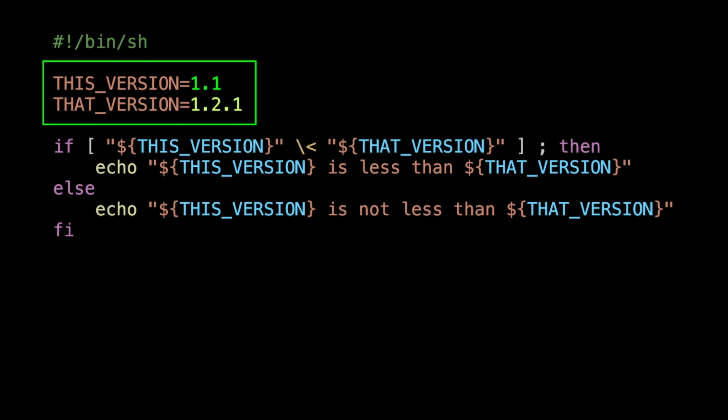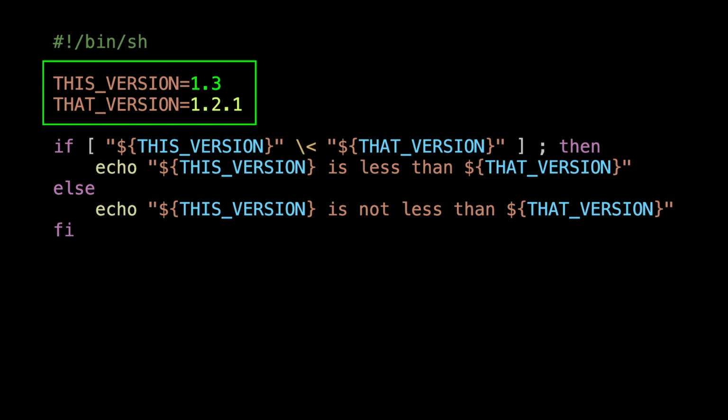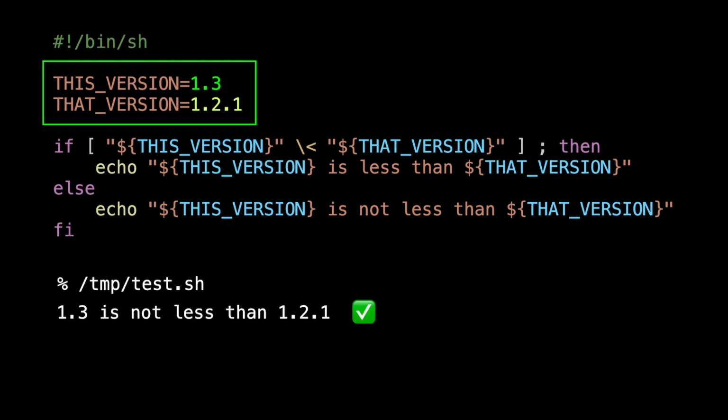So as an example here, we've got a script that's going to compare two strings that we're calling version numbers, 1.1 versus 1.2.1. And so if we run it, okay, it does the right thing. It says 1.1 is less than 1.2.1, good. Let's try a different one, 1.3. And okay, that's right too. 1.3 is not less than 1.1.